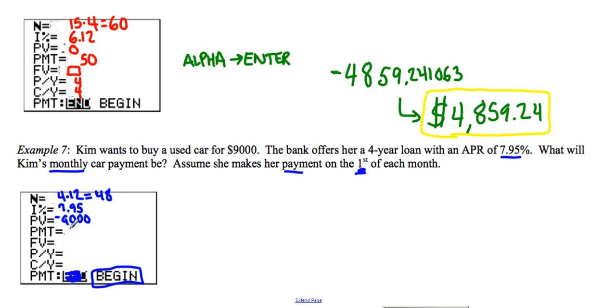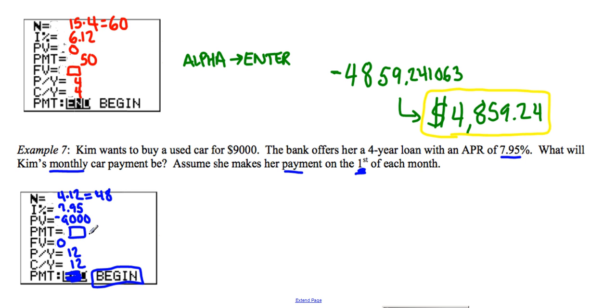We are looking for the payment. That's our unknown, so we're going to leave that blank. The future value, we want her to totally pay off that loan, so the loan should go all the way down to 0 when she's done paying it off. If she's paying monthly, payments per year are 12, and the same thing for our compounding. Now we've got all of our variables except for our payment.